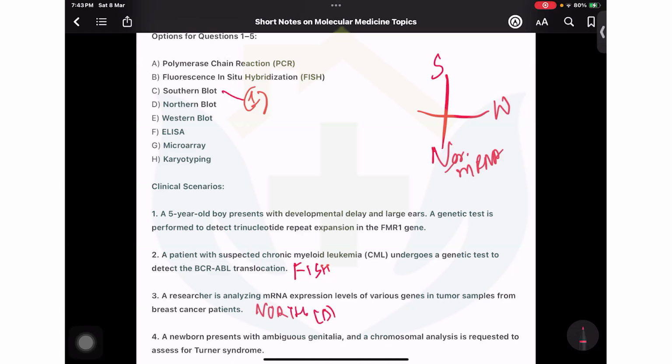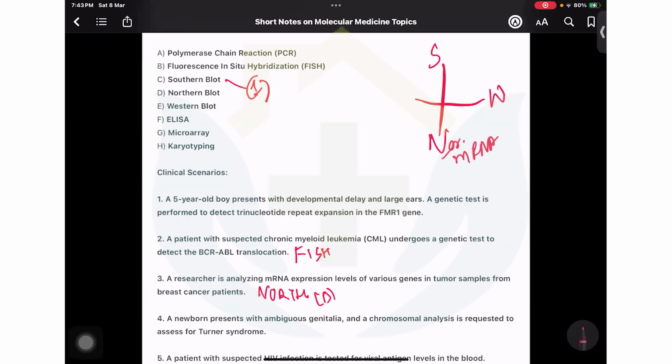A newborn presents with ambiguous genitalia. Karyotyping, and a chromosomal analysis is karyotyping. So it is XO. We need to understand the largest size which we can determine, that is by understanding the chromosomes. So that is karyotype.